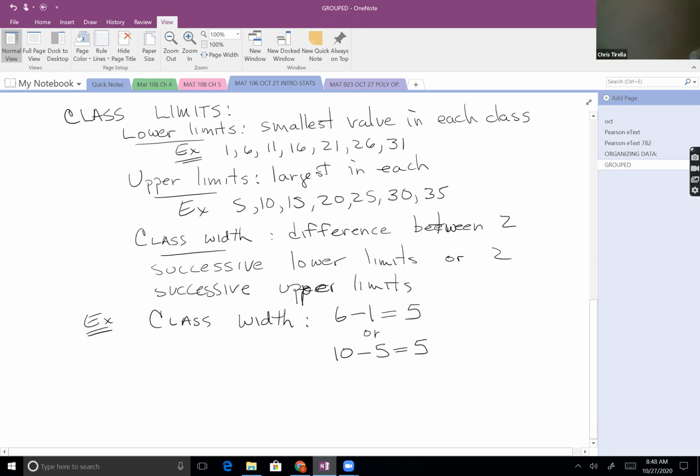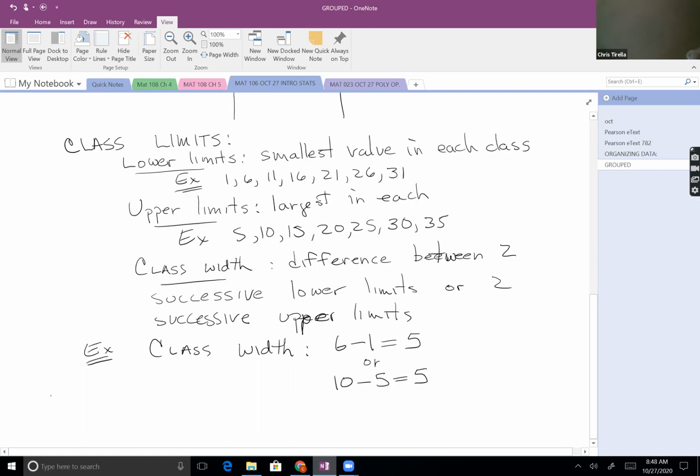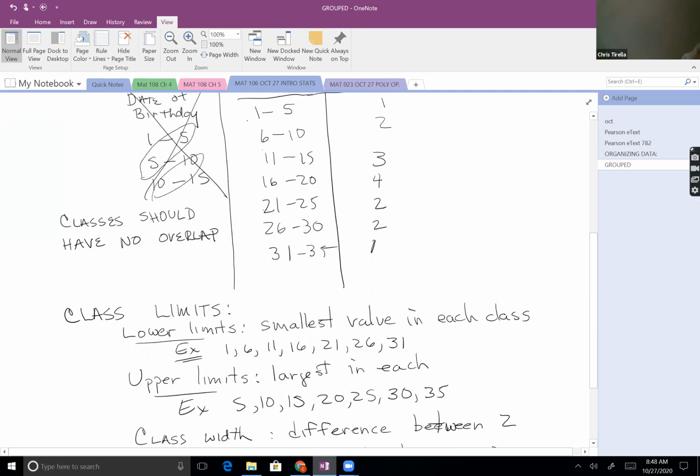When I look for the class width, I don't subtract sideways. The class width is not 4. I subtract this way, 6 minus 1, so that my class width is 5. I'm asking how wide is each class?